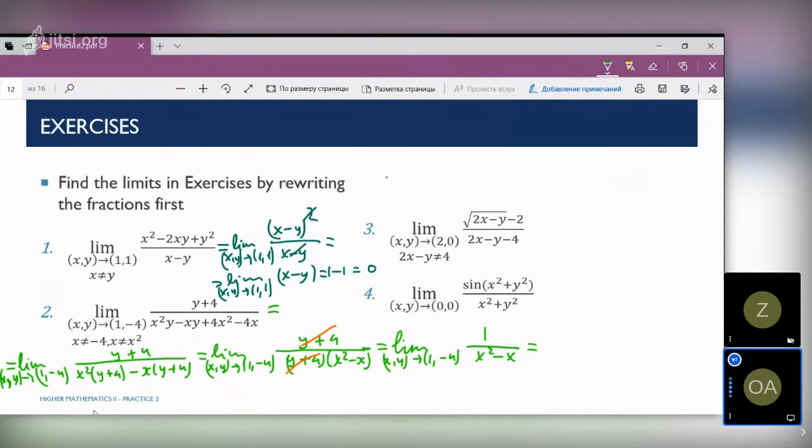It is correct that 1/x squared minus x. But I can't plug in 1 yet. x not equal to -4 and x not equal to x to the power 2 there. Yeah, that's correct.